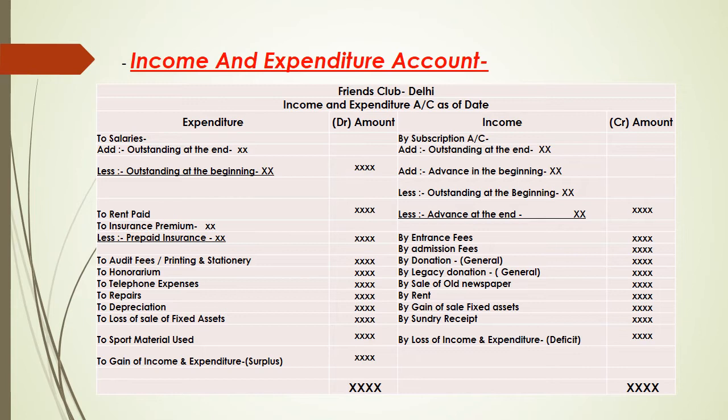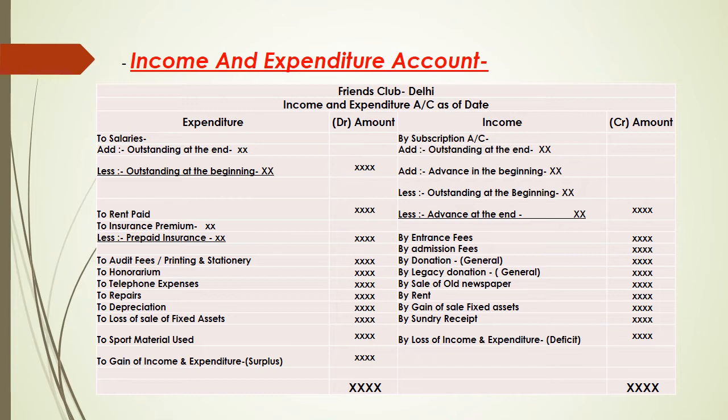That amount received from the person is related to 2019-20, which means it relates to the current year. So current year income, or previous year advance which is related to the current year, is always added to the subscription account. And if any amount is received for the next year, that amount should be deducted, like less advance at the end of the year.